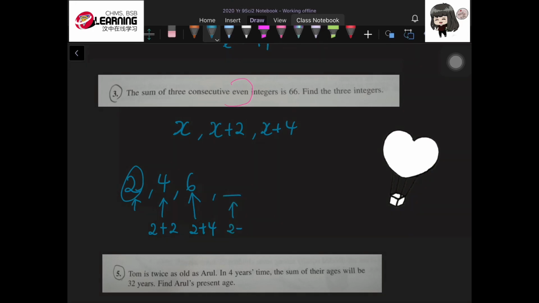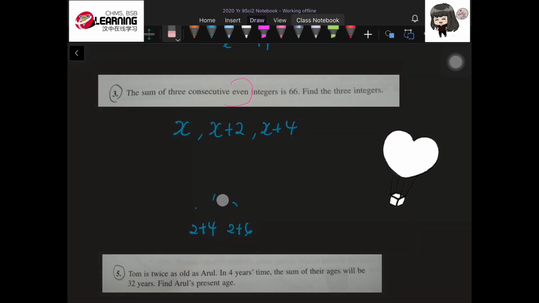It will be the first number plus 6, which is 8. See, it adds 2 each time, so plus 2, plus 4, plus 6 from the first number. So X is the first term, the second term will be X plus 2, and the third term is X plus 4.